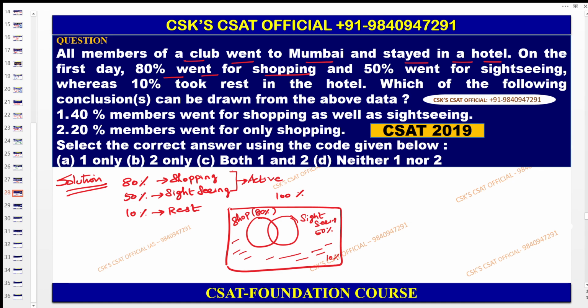Now listen carefully. I am just marking in the green color. I think it is visible to everyone. So now whatever I encircle in green color, that is nothing but at least one job they are doing, either shopping or sightseeing.